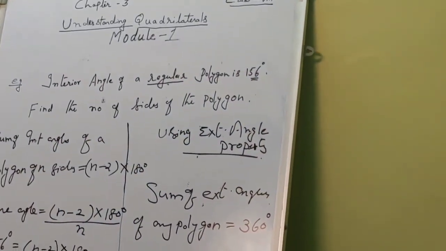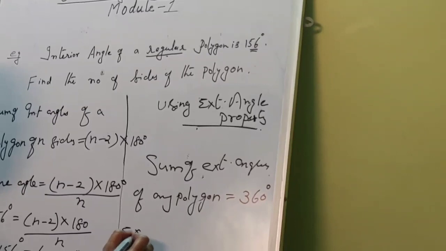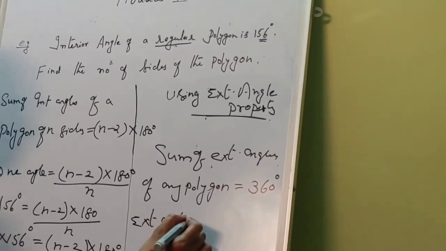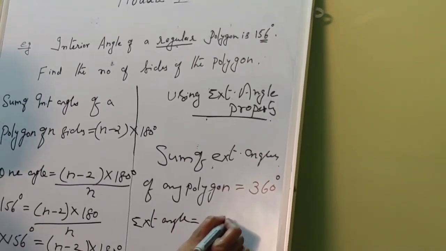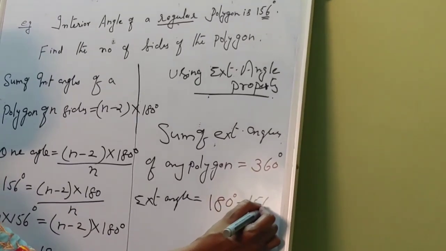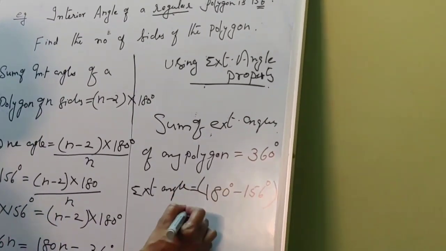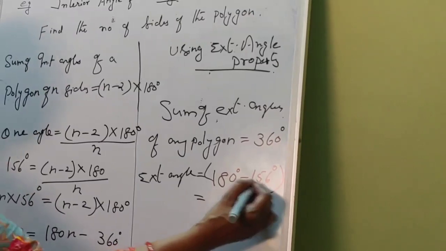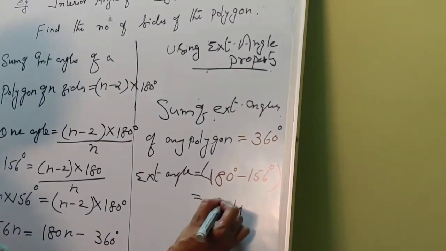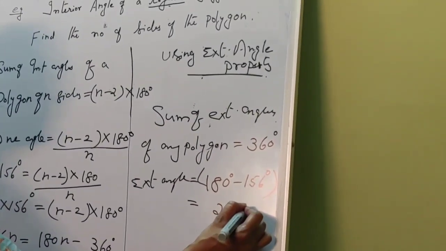We can find the exterior angle as, exterior angle is equal to 180 minus 156 degrees. So that will come out as 24 degrees.